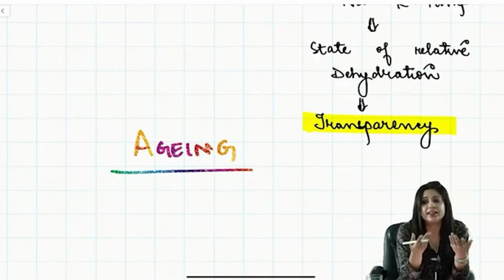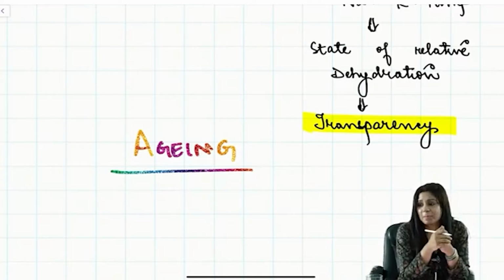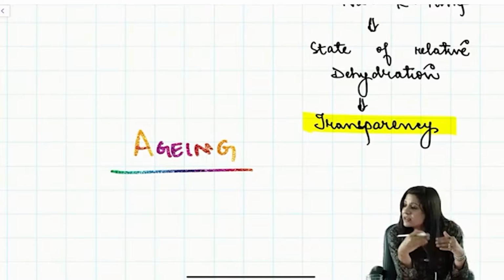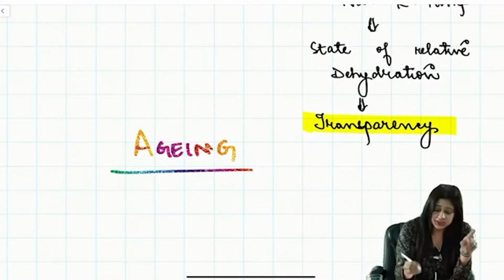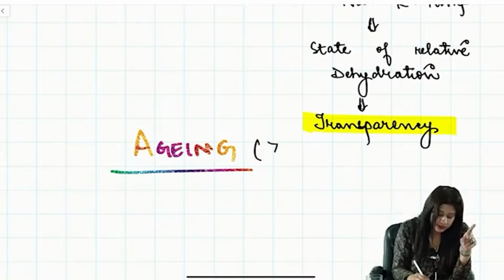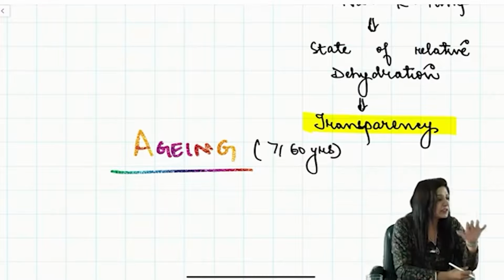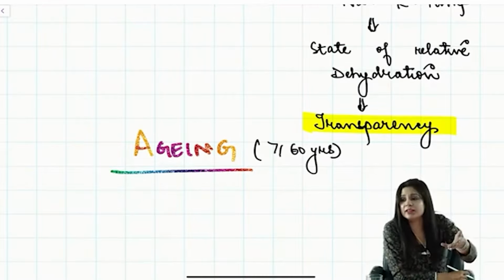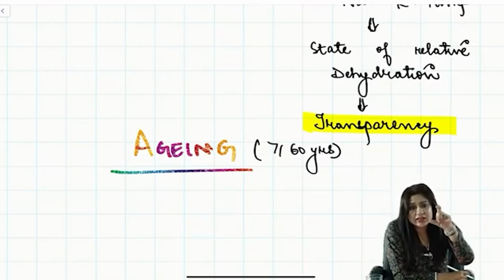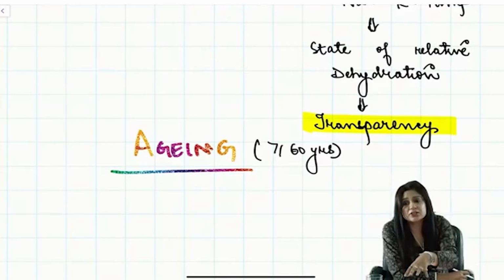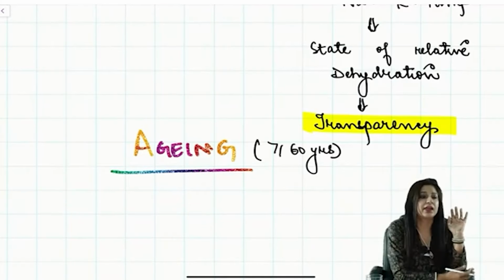We can only hide aging. है कि नहीं? इसका मतलब every person who will have aging will develop cataract. और aging कितने पे मानते हैं हम लोग? 60 years पे. So any person who is more than 60 years will have decreased metabolism. BMR कम होता है ना धीरे धीरे. So when there is decreased metabolic activity, decreased pump activity, decreased transparency, and we will have cataract.